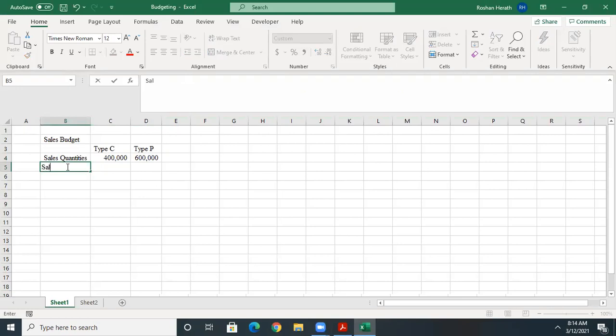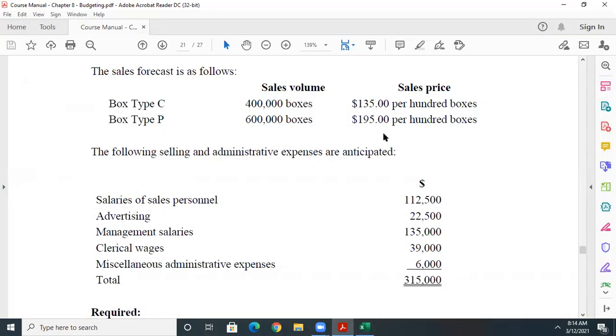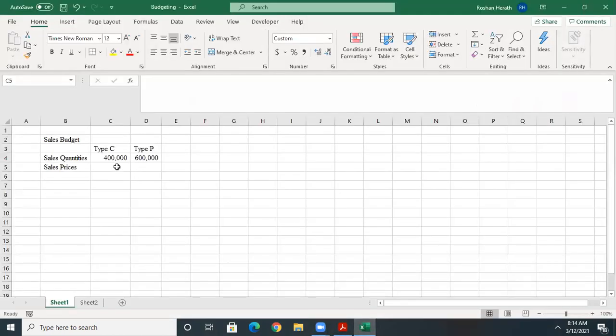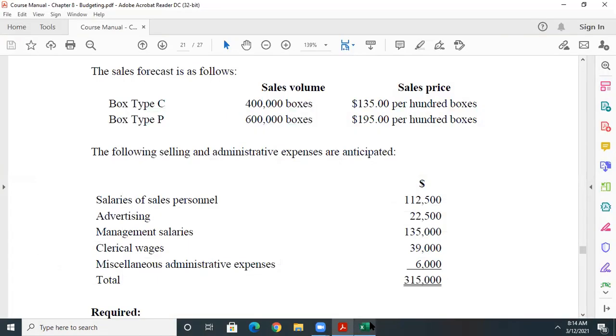Then you need to have the sales prices. It is $135 per 100 boxes. Then per unit, how much? It's 135 divided by 100, so it's $1.35.